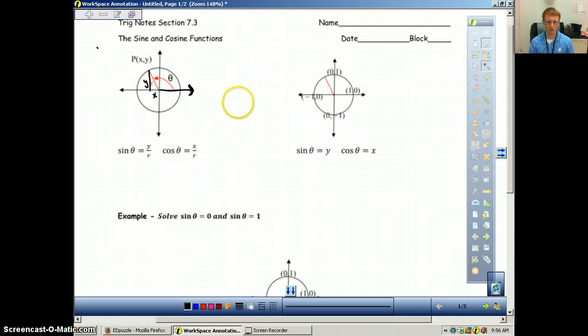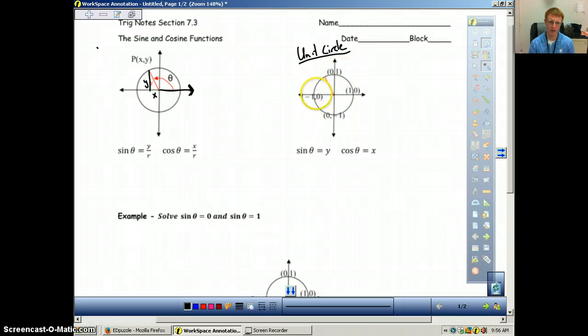So now let's take this over to the other picture. You see almost the exact same picture, but now this is what we call a unit circle, and we are going to be using the unit circle a lot in this class. The unit circle just means that the radius is always going to be 1. So that means this point right here is (1, 0). This point up here is (0, 1).